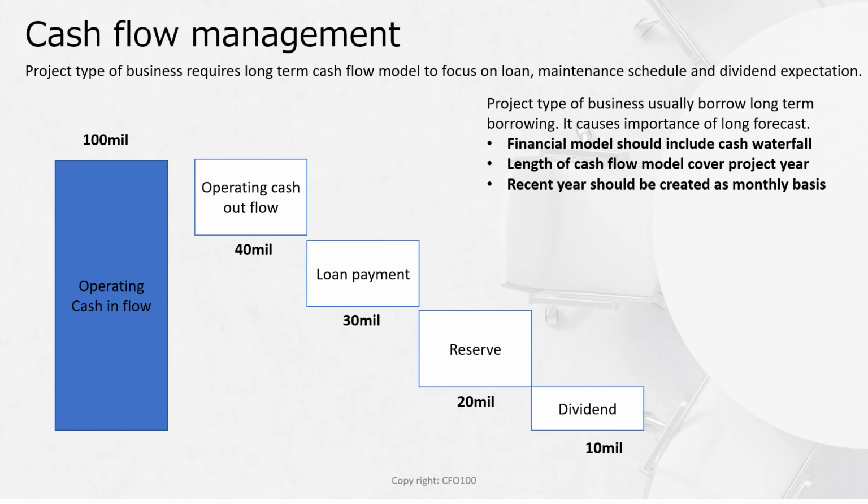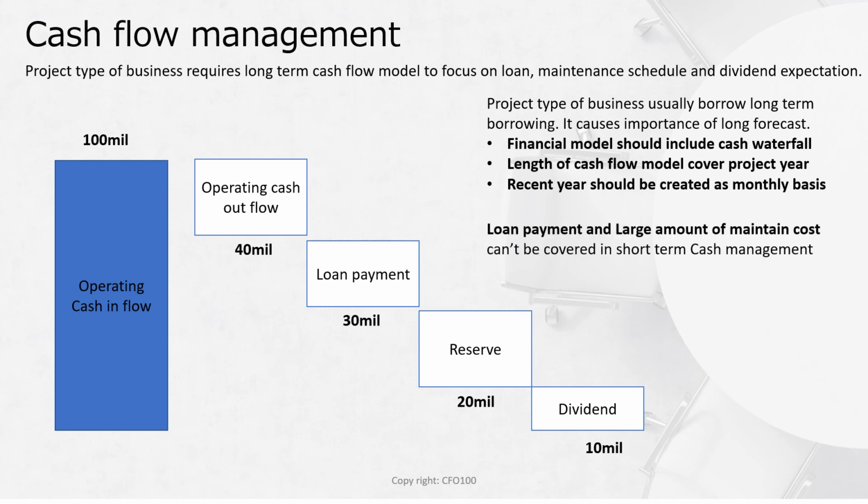Additionally, this type of business requires stable dividend performance for shareholders. To allocate cash to dividend as much as possible, cash waterfall explains clearly the priority of cash usage. It is beneficial for CFO to convince shareholders of the performance of the project.